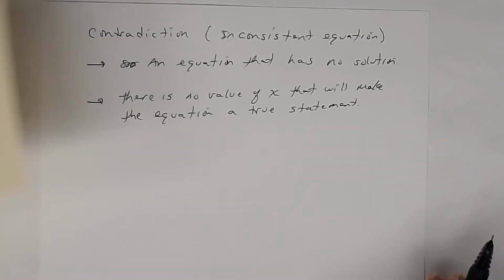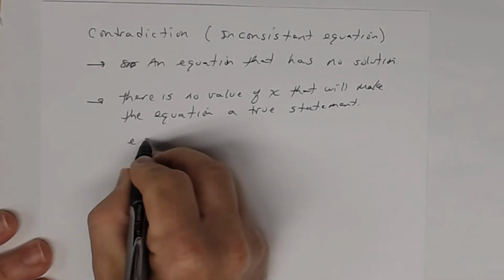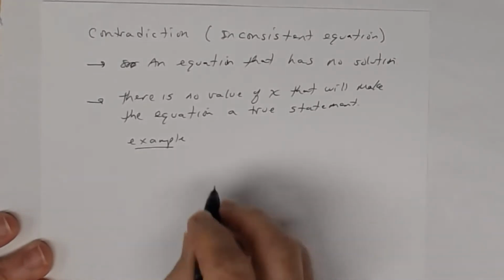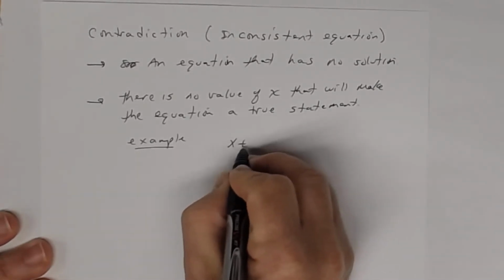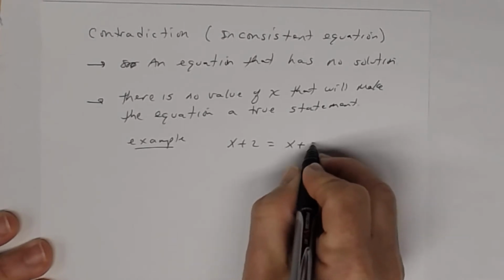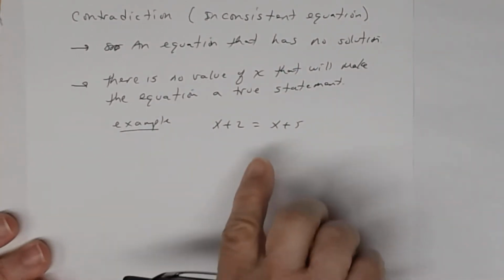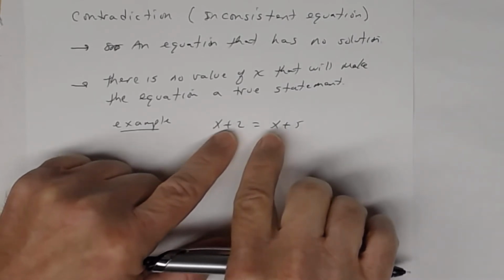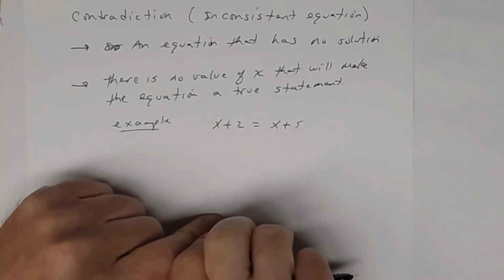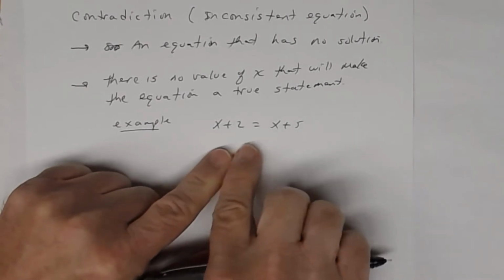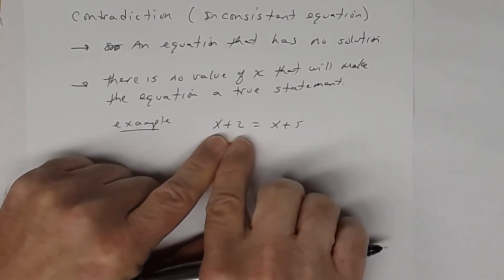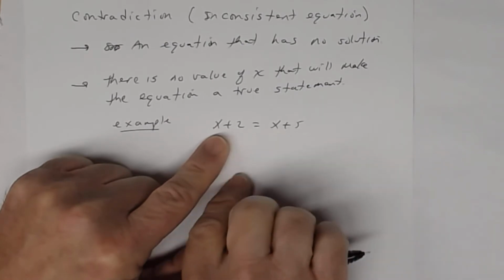Let's look at a very simple example. The following is an equation that is called a contradiction: x plus 2 equals x plus 5. Can you think of a value of x that will make the left side equal to the right side? Notice that for this equation, there is no value of x in which x plus 2 equals x plus 5.